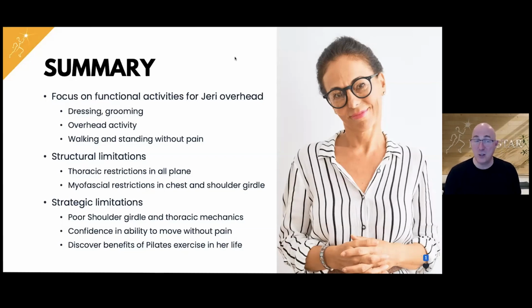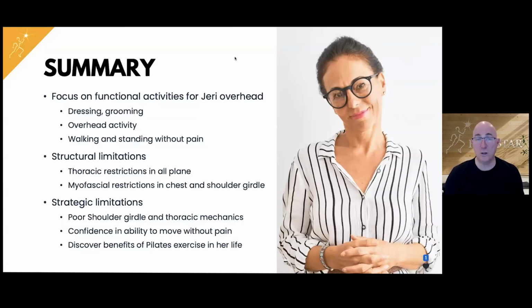We've got myofascial restrictions in the chest and shoulder girdle that we're going to try to open up, the pec girdle in her shoulders. Remember that even coming up overhead, that pec minor, pec major, latissimus, all of those muscles might be part of what she perceives as the restriction in those joints.